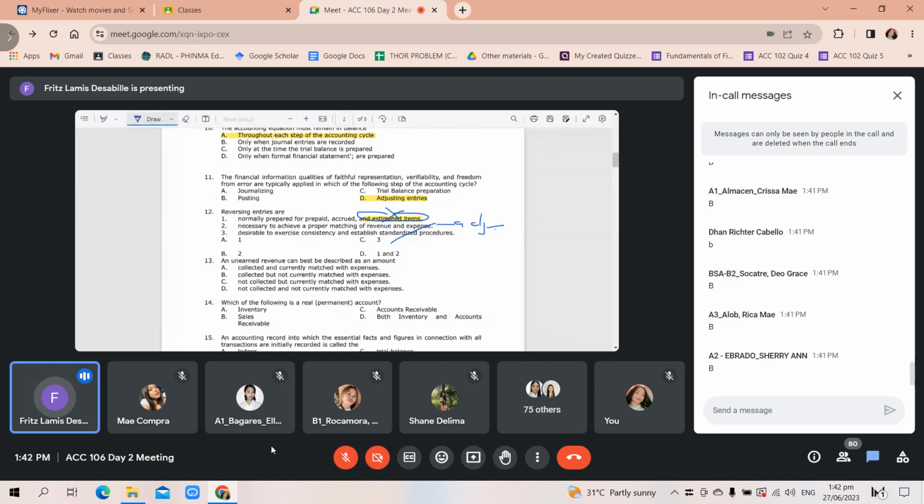So ilang mga out of pocket expenses, since wala pa man sila na-service, so wala pa kay mabayaran. Or wala pa ma-render ang mga cost of services.